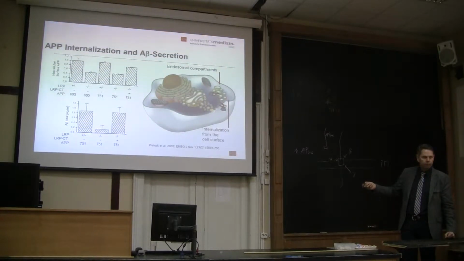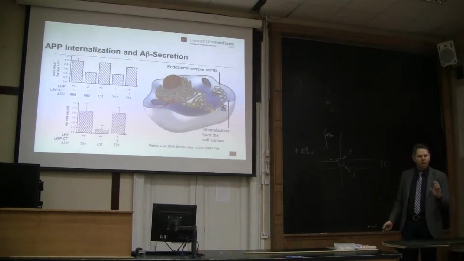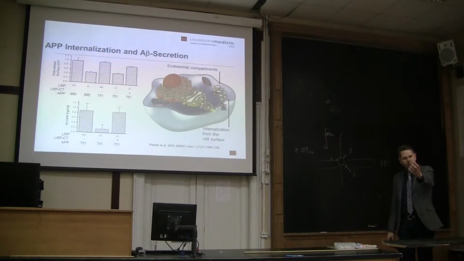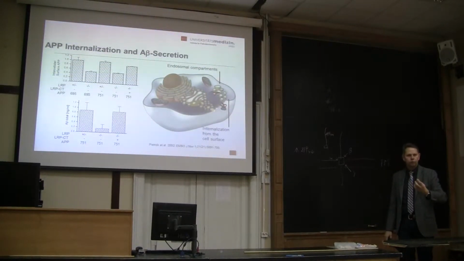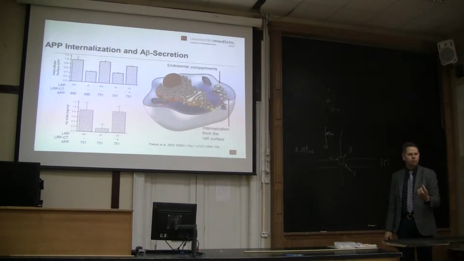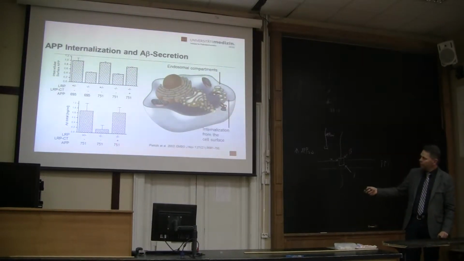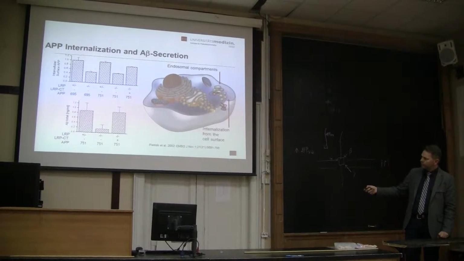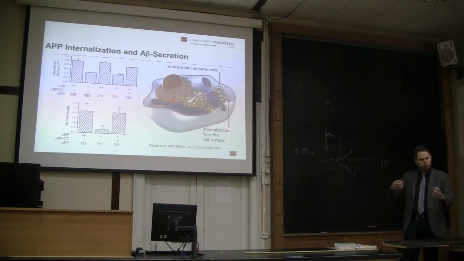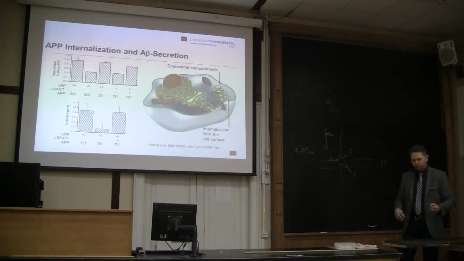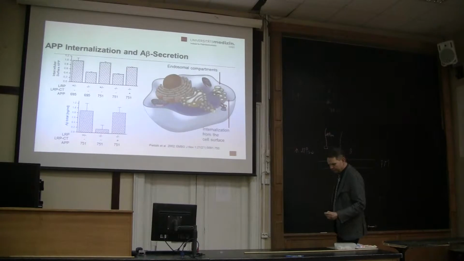You have very little A-beta production because apparently LRP drags APP together into the cell in the endosomal compartment and then A-beta is generated. And again, we can rescue that when we express a truncated expression construct of LRP, A-beta production goes back up. So these proteins work apparently together.